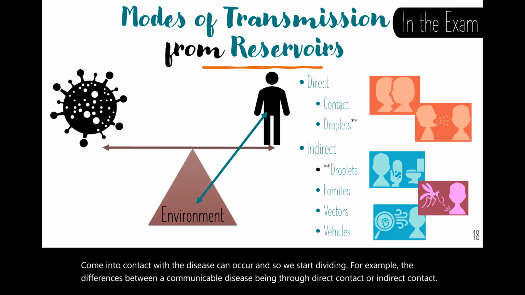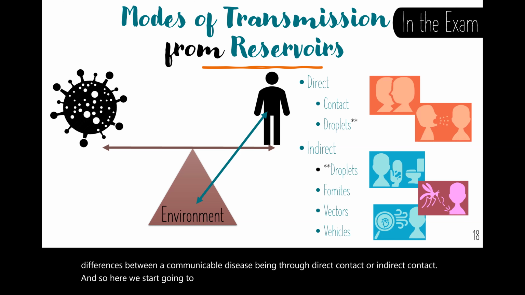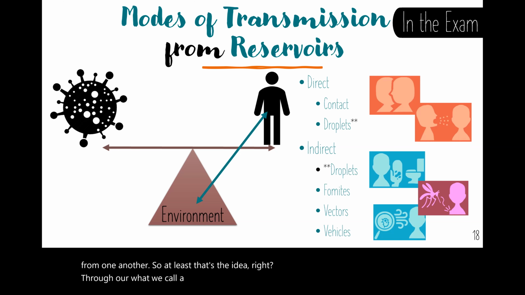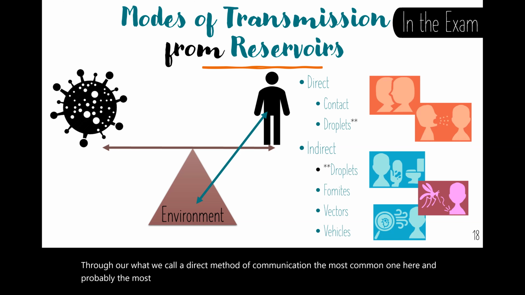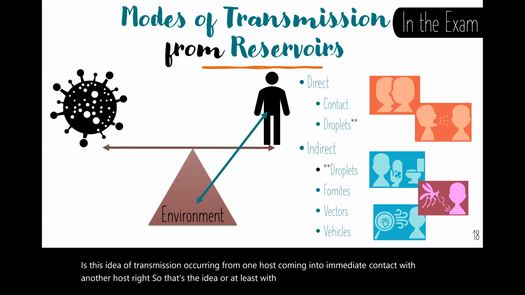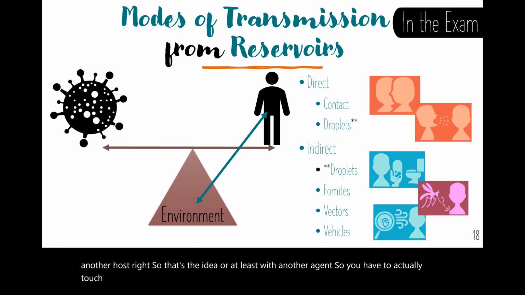Here we start subdividing how this particular agent or pathogen can spread from one to another. Through what we call a direct method of communication, the most common one and probably the most obvious of them all is transmission occurring from one host coming into immediate contact with another host, or at least with another agent. So you have to actually touch it; in this case, it comes directly.